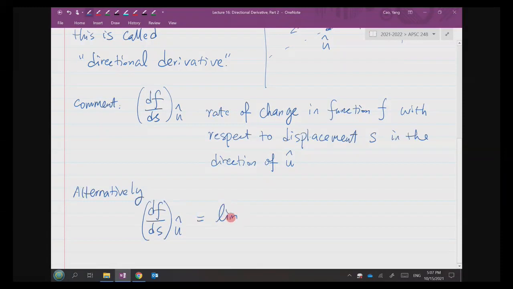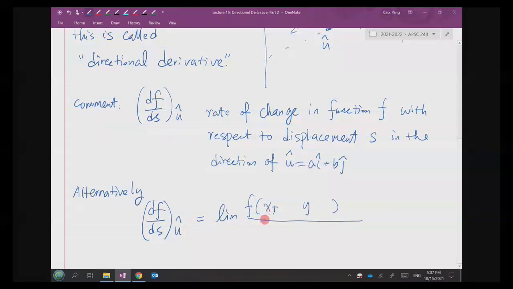Let's still use a function of two variables. So where are we taking the limit here? f is a function, you have x here and y here. Remember, you are moving in the direction given by u hat, so the x value will change slightly because of the change in direction.